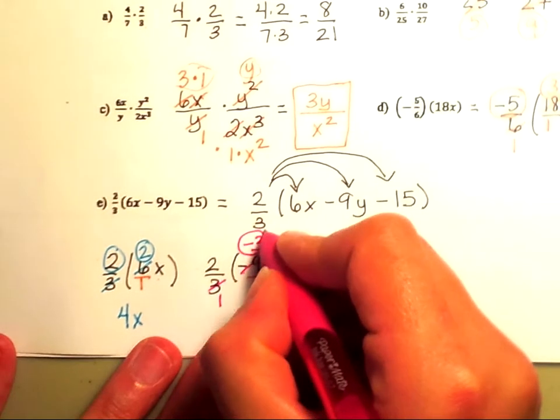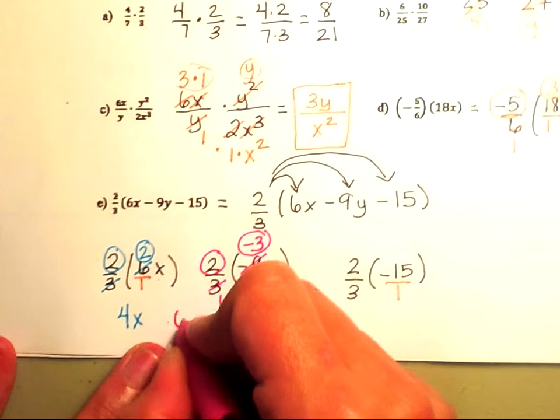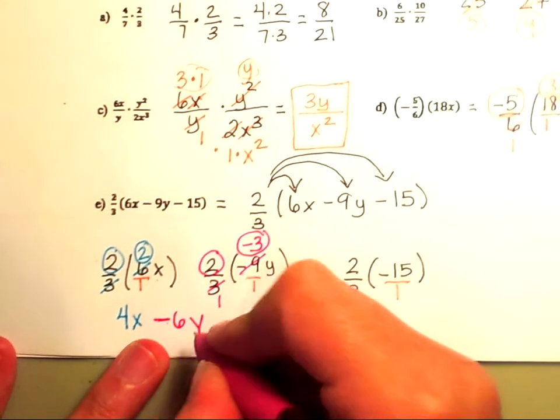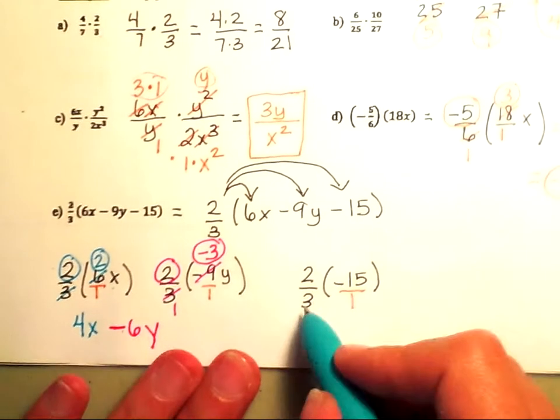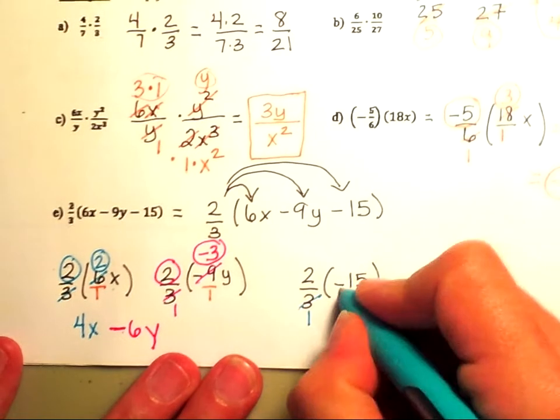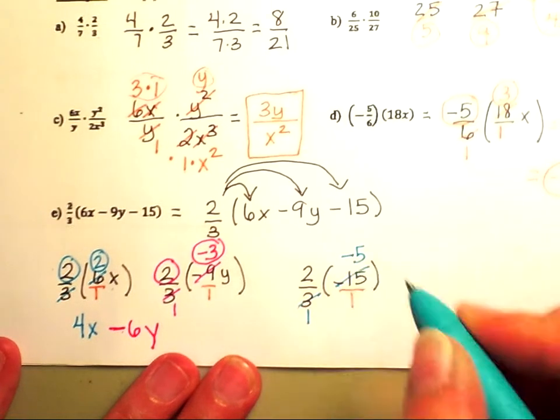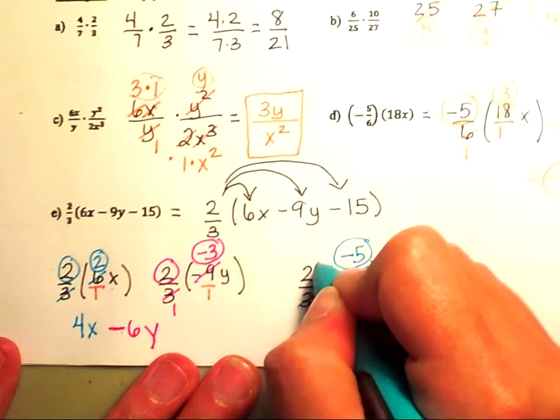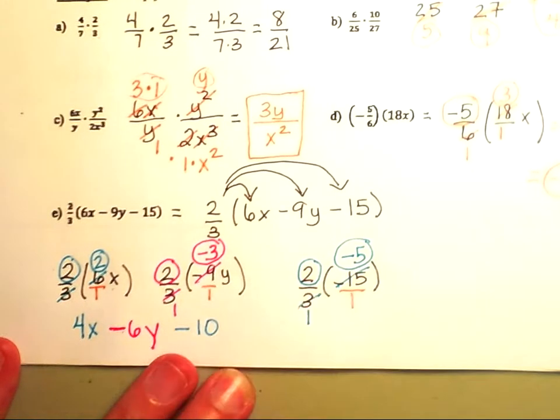So we have negative 3 times 2 is negative 6, which becomes a subtraction, and the y comes along. Again, 3 will go into itself 1 time and into 15, negative 5 times. Then negative 5 times positive 2 is negative 10.